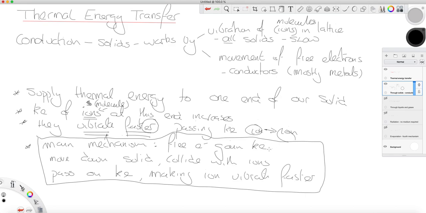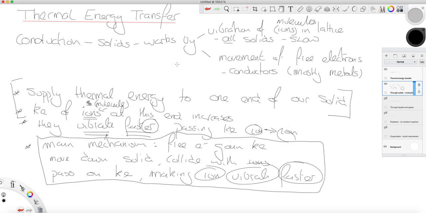And in metals, it is crucial we talk about ions vibrating faster. That gain of kinetic energy there, right?